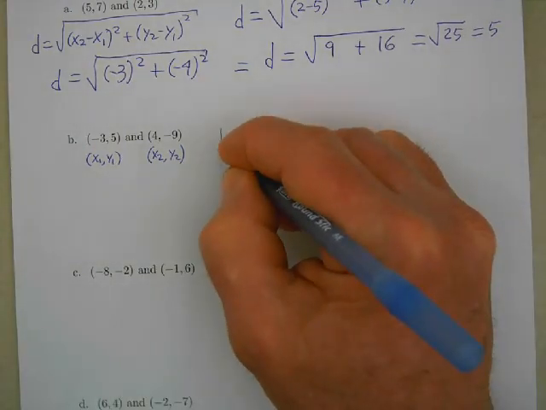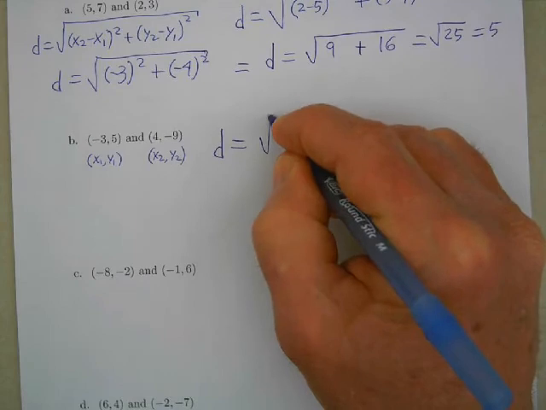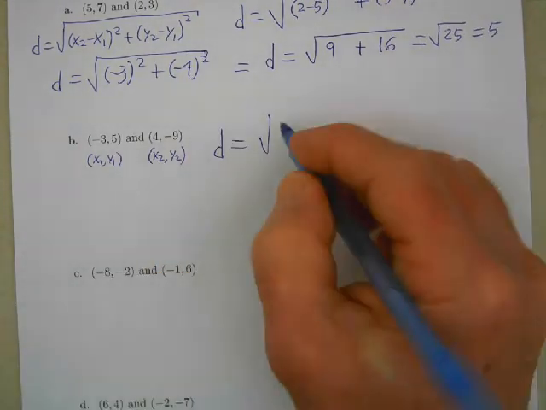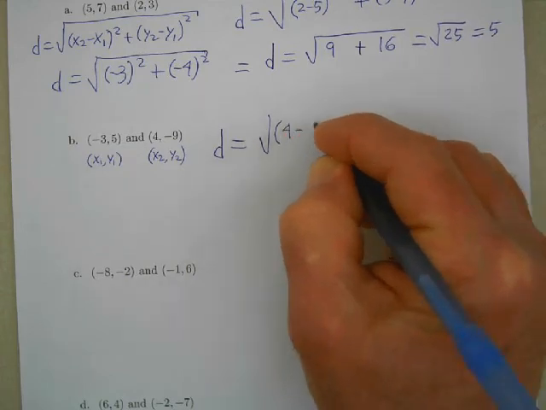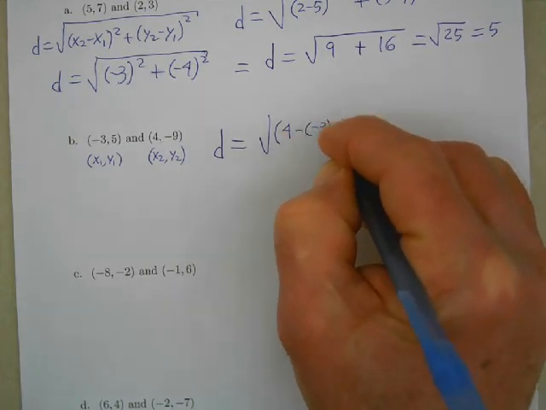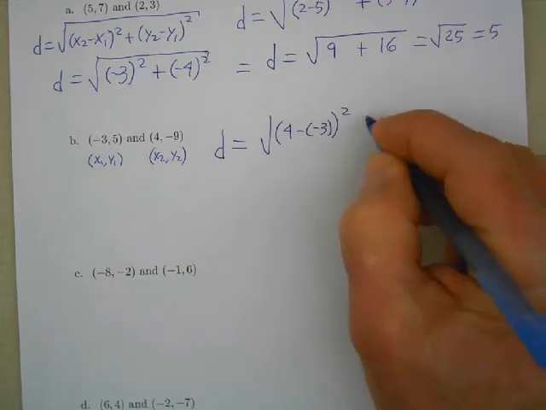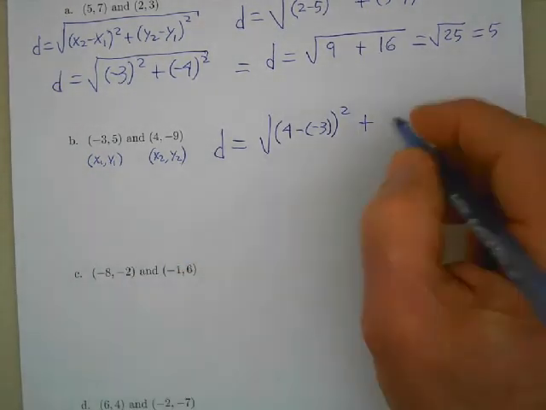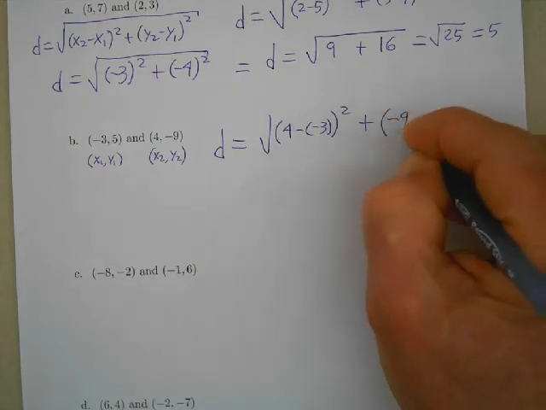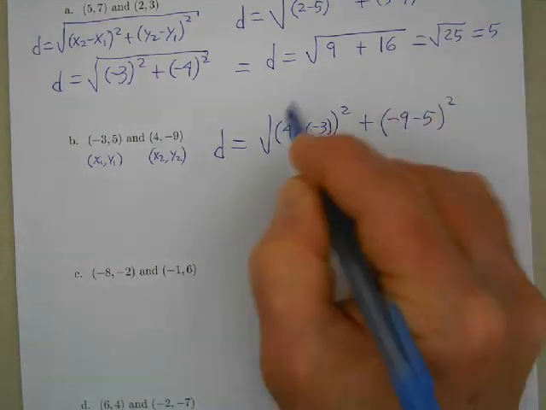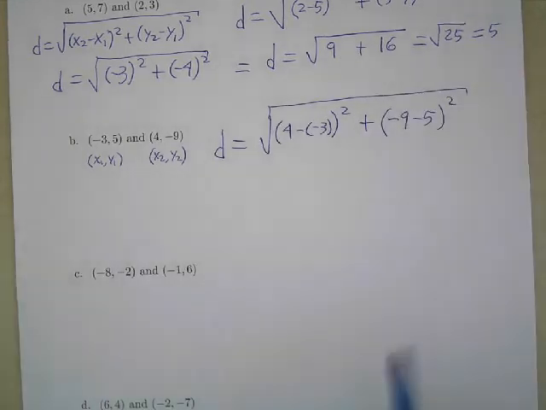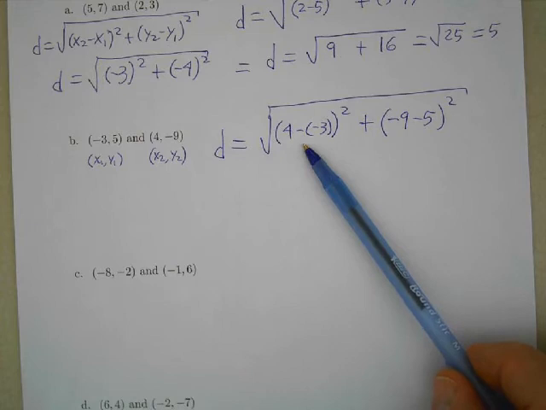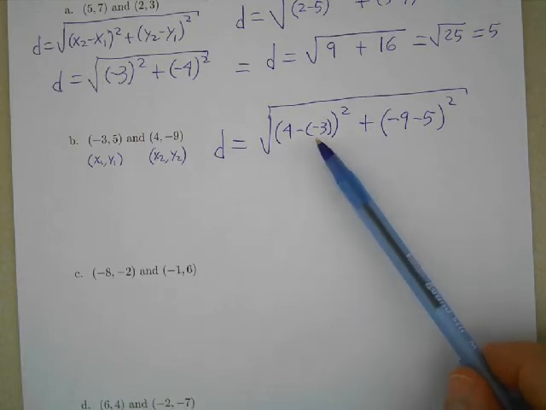So the distance is equal to the square root of, okay, so x2 minus x1 is 4 minus negative 3, quantity squared, and then plus y2 minus y1, so it's negative 9 minus 5, quantity squared. As usual, you have to make sure you're careful whenever you're dealing with negative numbers.